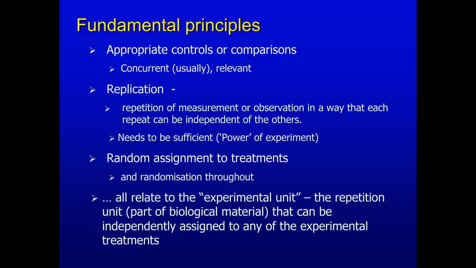And these fundamental principles all relate to a thing called the experimental unit, which is shown in some of the textbooks on experimental design, but not all. And it can be defined as the repetition unit, or that element of biological material that can be independently assigned at random to any of the experimental treatments.